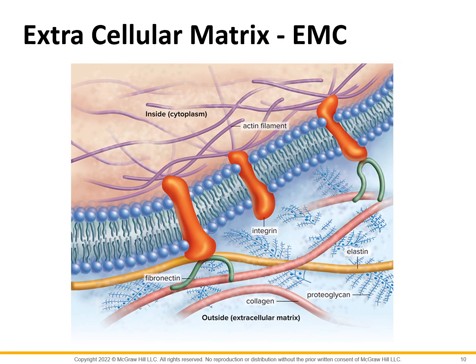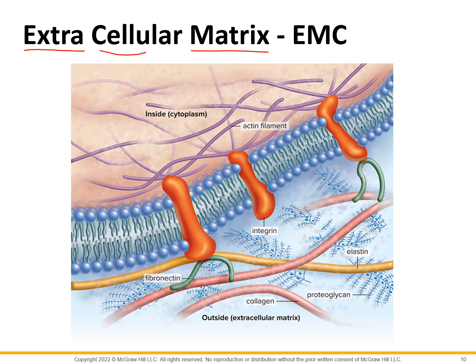The extracellular matrix, or the ECM, is associated with the glycocalyx. Extra means outside of the cell, and it is a matrix of protein fibers that helps hold cells together. That is the main function, but it's also involved in cell signaling and the movement of molecules into the cell.